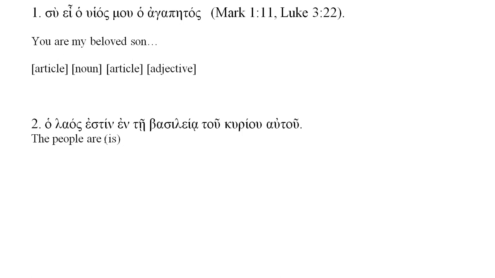The people are. Then we have this phrase here, en te basileia. So we have our preposition en, which is in, by, with, probably in here. And then we have the dative object of the preposition. The preposition en always takes a dative.